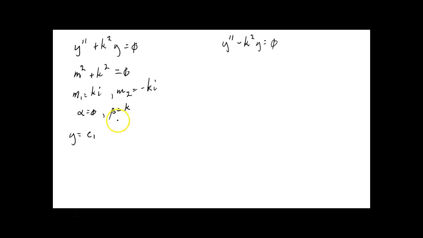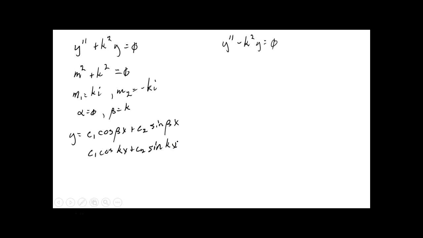So it's C1 cosine beta x plus C2 sine beta x. That's it. Those are your solutions, where of course your beta is k. C1 cosine kx plus C2 sine kx.